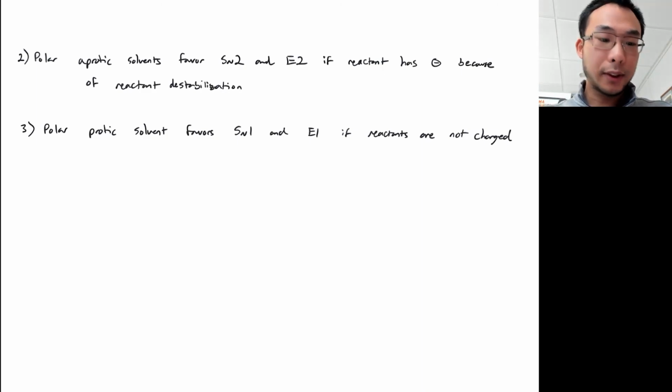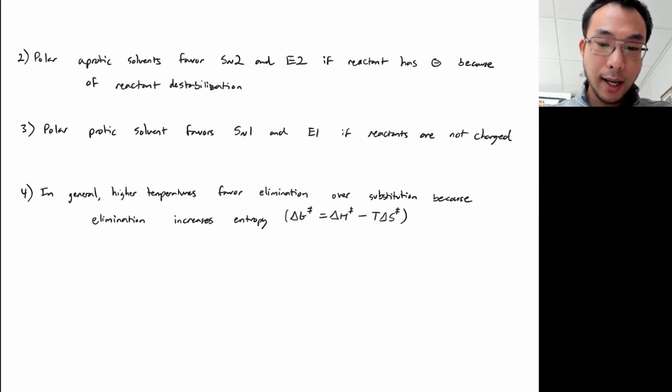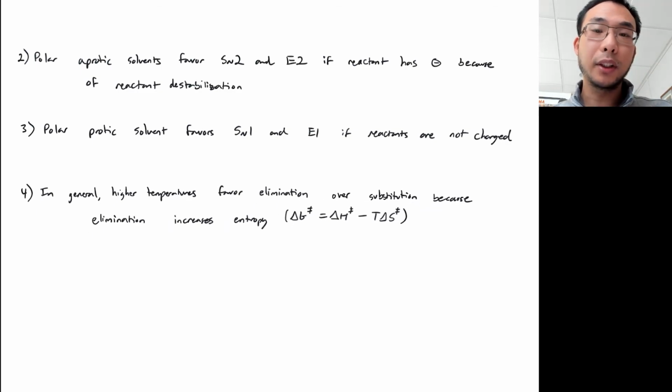A final interesting observation that chemists have made is that depending on the reaction temperature, substitution or elimination might be a little bit favored over the other. The reason is that if we're thinking about the transition states for our reaction, we're supposed to think in terms of Gibbs free energy. That free energy term has both an enthalpic and an entropic term.